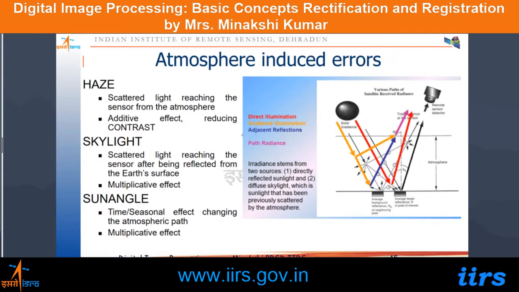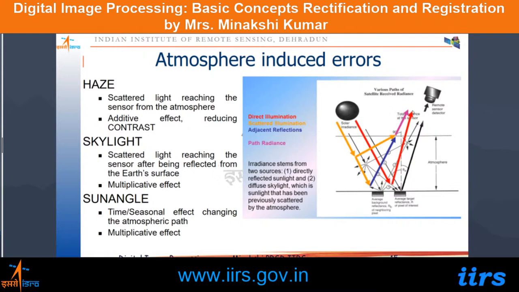In between, the lower wavelengths, as you must have been told, are scattered in the atmosphere. They also reach the sensor either along with the reflected light or even before it. So the scattered light reaches the sensor, and while the sensor is recording the DN value for this, it gets this value plus scattered light.